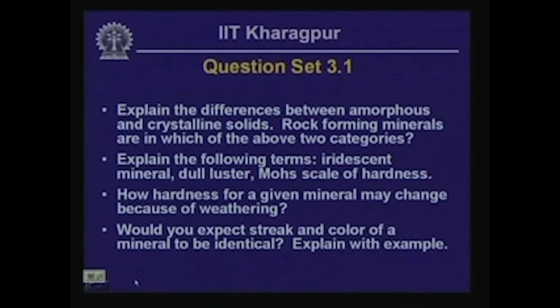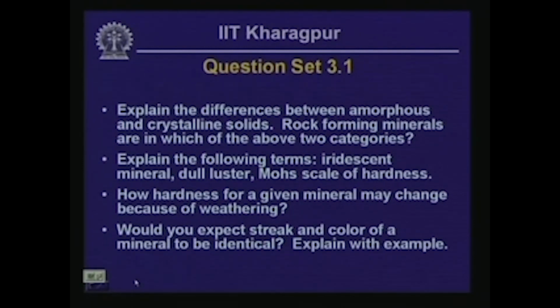Okay, reverting back to the question set, the next question that I asked was how hardness for a given mineral may change because of weathering. Hardness in terms of Mohs is actually a characteristic of a mineral.